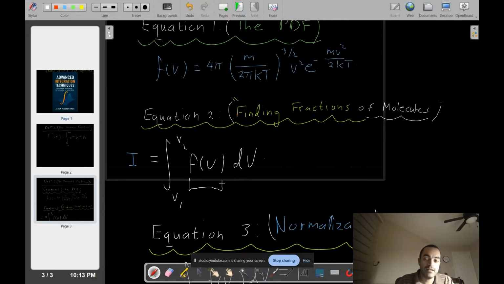It helps us find fractions of speeds V1 and V2 of molecules. In other words, it tells us certain fraction values of the speeds of the molecules.